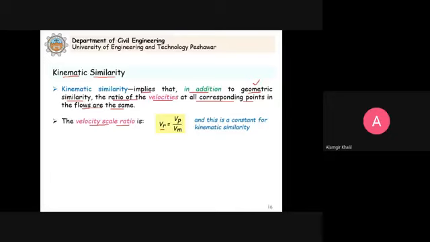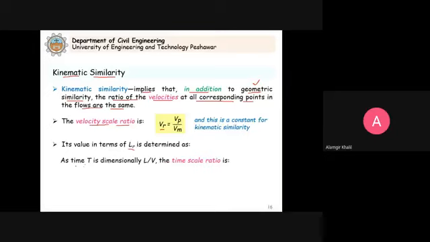So V is the velocity in the prototype, Vp, and V is the velocity at the corresponding point in the model. Clear? And this is a constant for kinematic similarity. Now, in terms of LR, time is dimensionally L by V. You already remember this. S is equal to Vt.